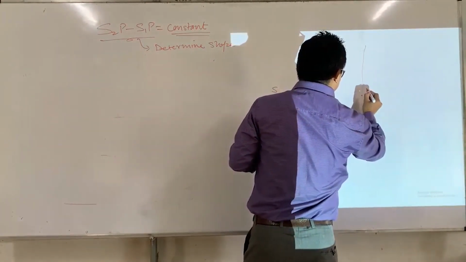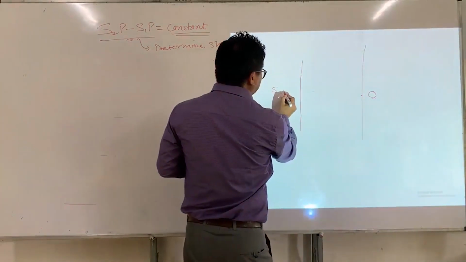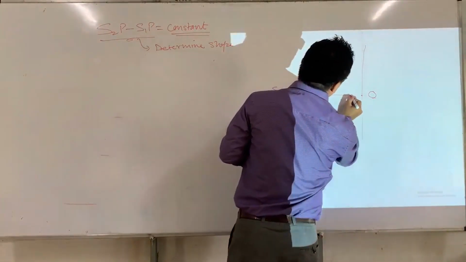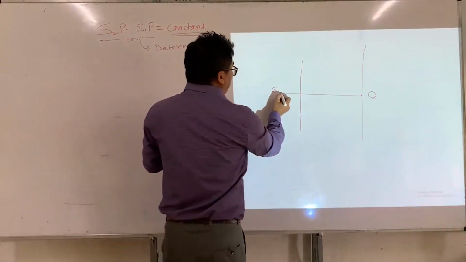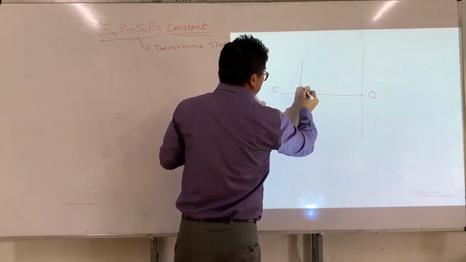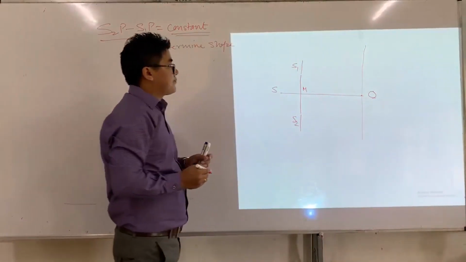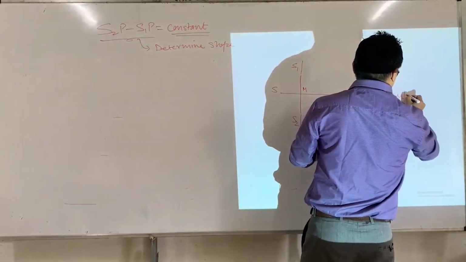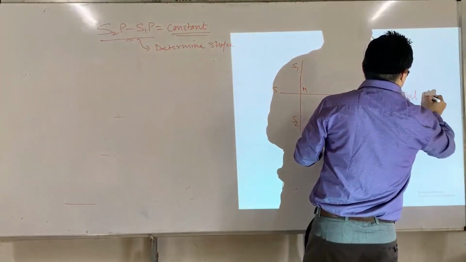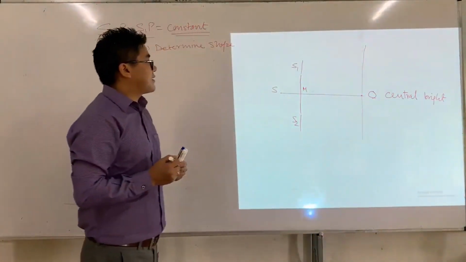Let's say this is the center C or O, and S is on the perpendicular bisector of the screen. Here are S1 and S2, and this is what we call the center bright.